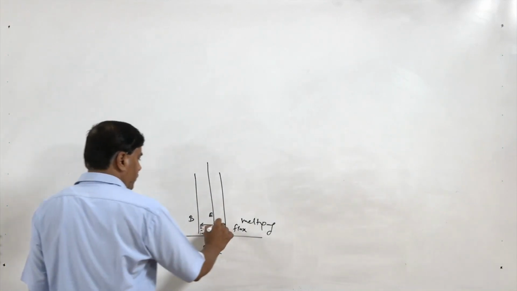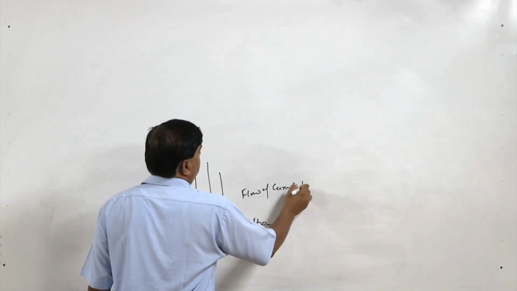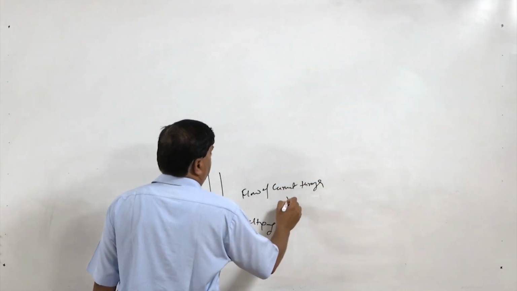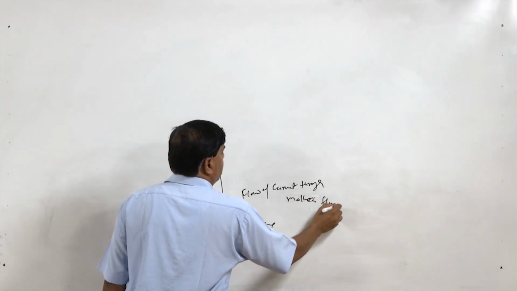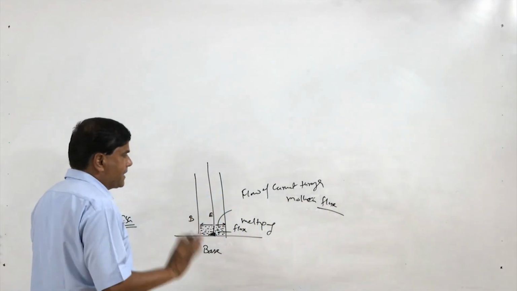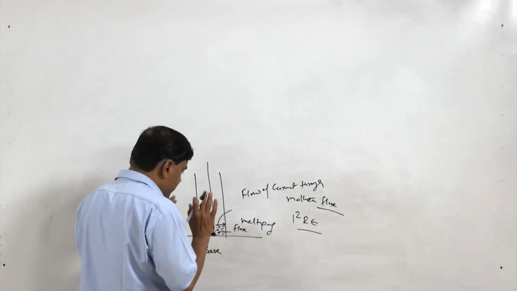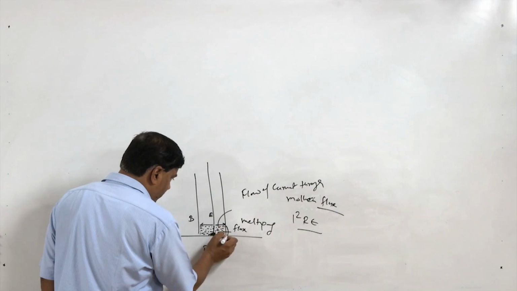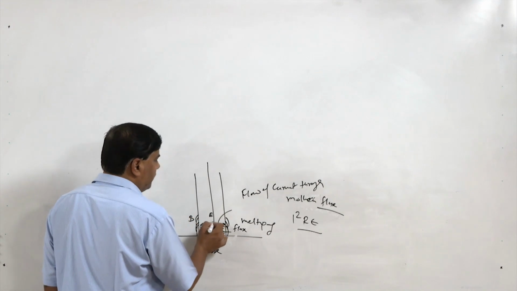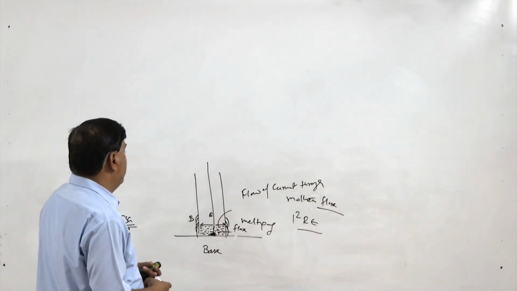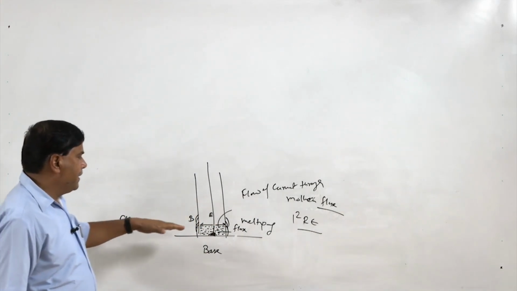The flow of current through the molten flux causes electrical resistance heating, I square R T. So, this heat is actually used for the melting of the faying surfaces of the base metal as well as of the electrode.